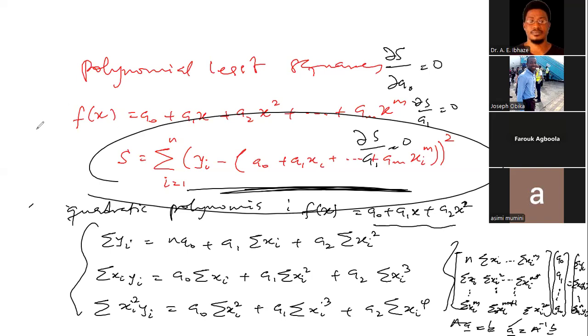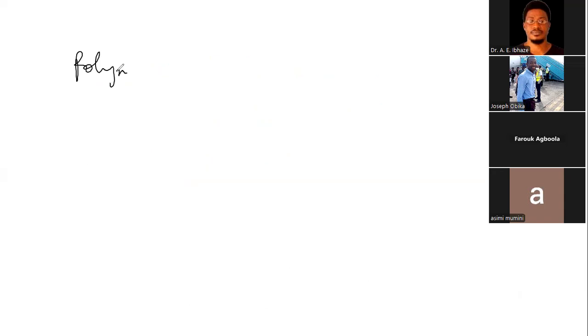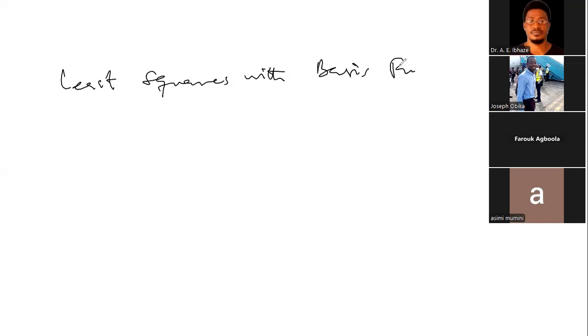Still have quite a few details to push. So we have the polynomial approximation. Which of them haven't we looked at? Yes, with basis functions. So let's look at least squares with basis functions.